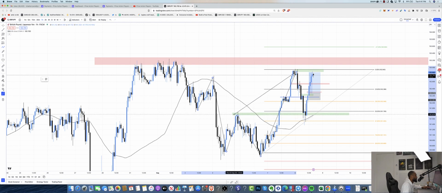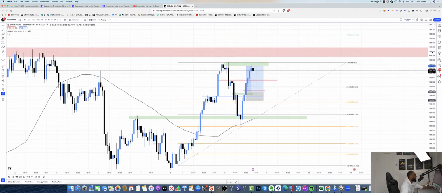So we broke above this resistance, and seeing that the price came down to the support area and then had a big massive bullish push indicated to me that we were going to continue heading up to at least this area here, where this resistance is. So that's what we were looking at.